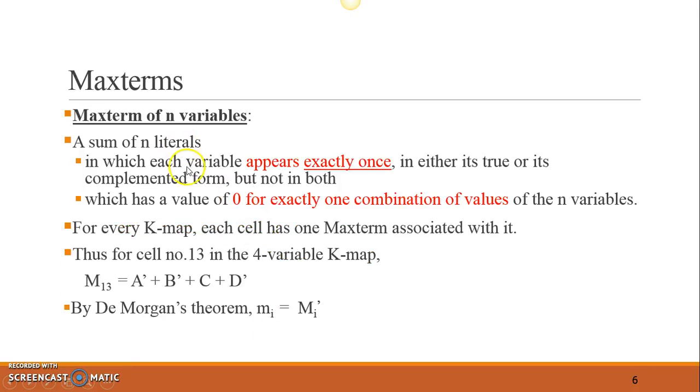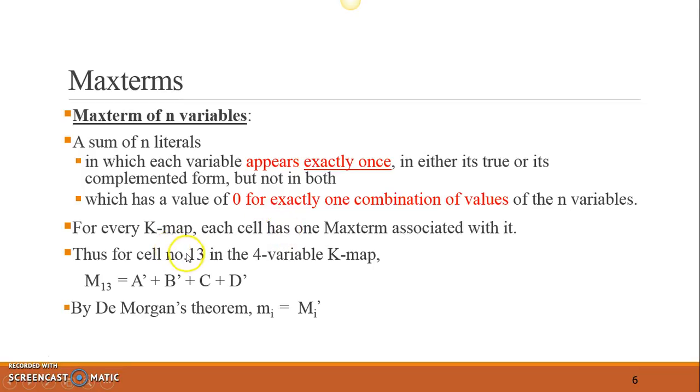Similarly, max term is the complement of min term. It is just opposite to the min term. Max term is a sum of n literals, and they also appear exactly once, and it has a value 0 for exactly 1 combination of the values, in contrast to the earlier min term, which has a 1 for 1 combination.